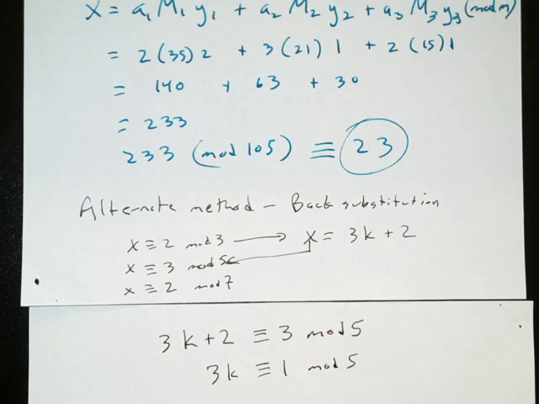That's got an inverse. What number times 3 leaves a remainder of 1? Well, the only options are 0 through 4. 3 times 0, the remainder is not 1. 3 times 1, definitely not a remainder of 1. 3 times 2, remainder when I divide by 5.